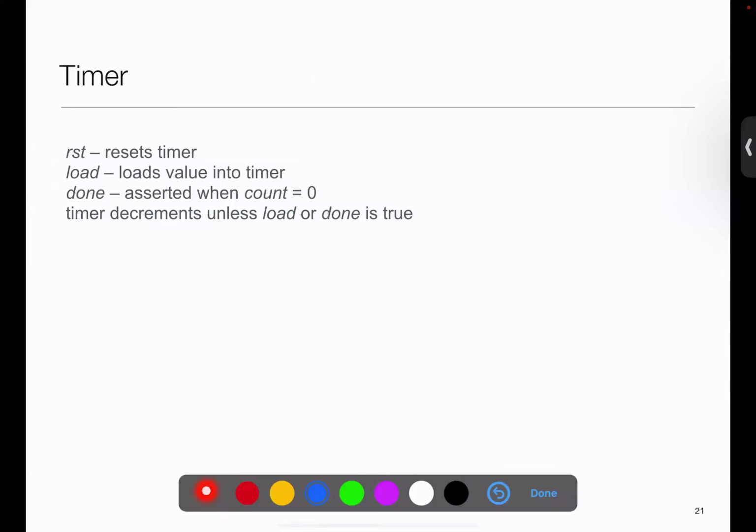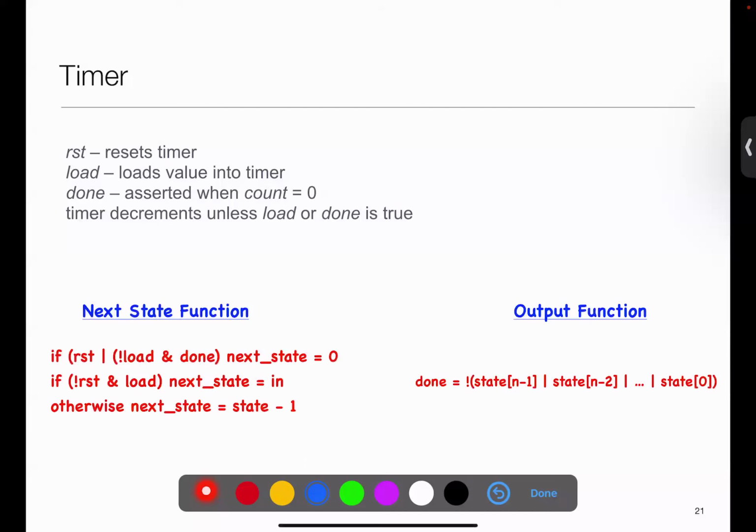So let's think about how we would write this. Again, we'll have a state and a next state for it. The logic will look something like the following. If reset is high, or I'm done and load is not high, then next state is 0. In one case I've reset, so next state becomes 0.